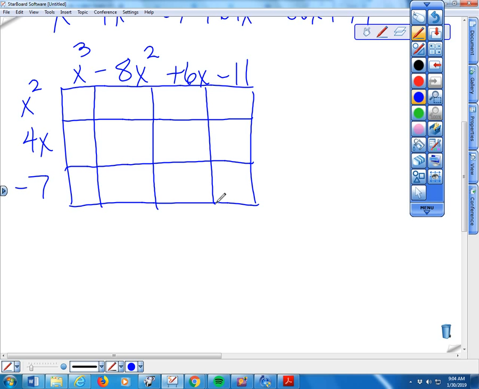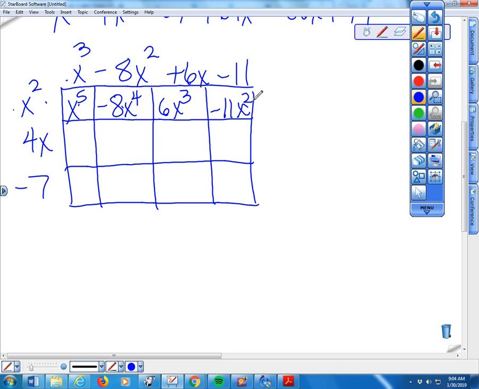And now what I'm going to do is just multiply the respective terms. For this first box, it's going to be x cubed times x squared, which is x to the 5th. This box is going to be negative 8x to the 4th. This box is going to be 6x cubed, and this box will be negative 11x squared. I'm just taking the number on top times the term in the row.